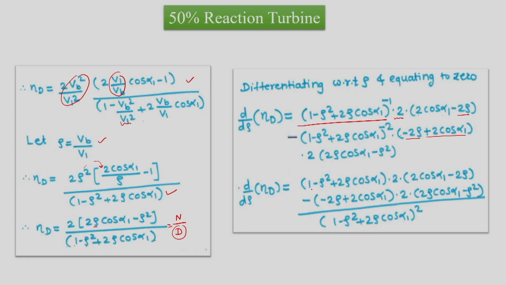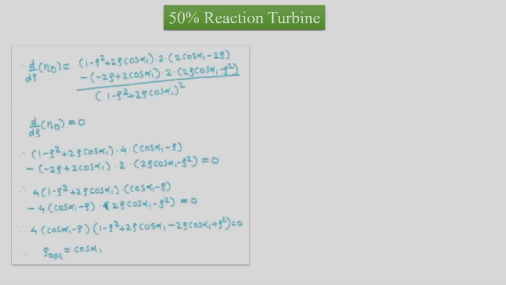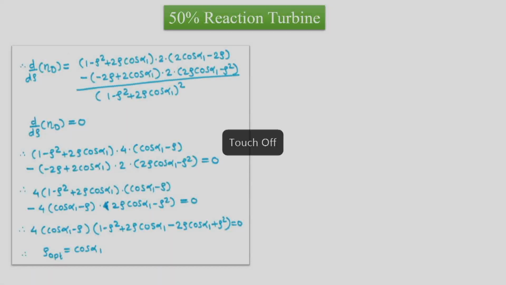We will have 1 minus rho square plus 2 rho cos alpha 1 into 2 cos alpha 1 minus 2 rho, minus in the bracket, minus 2 rho plus 2 cos alpha 1 into 2 rho cos alpha 1 minus rho square, divided by 1 minus rho square plus 2 rho cos alpha 1 bracket square.